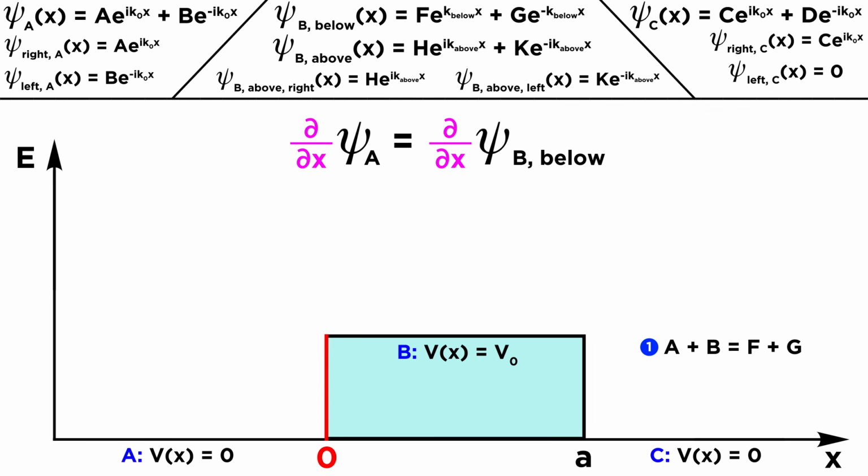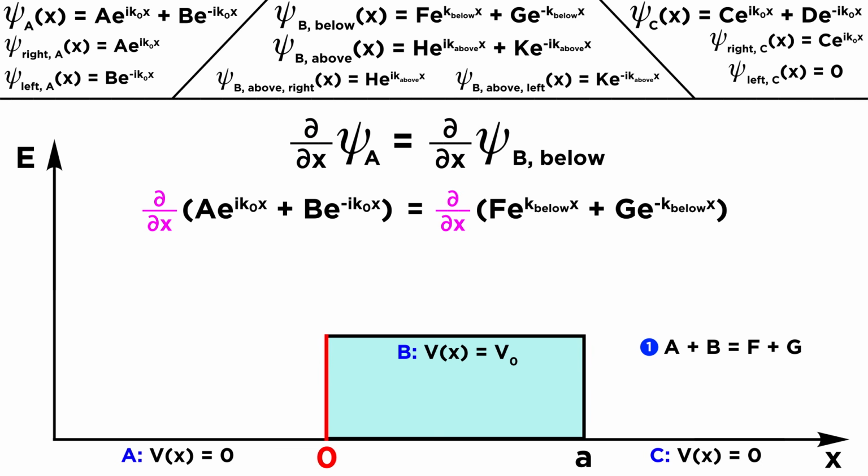Now we also need their derivatives to be equal at this boundary, because continuous functions must have continuous derivatives. This means that the partial derivative of psi a with respect to x must equal the partial derivative of psi b below with respect to x. Differentiating these expressions will be rather easy.